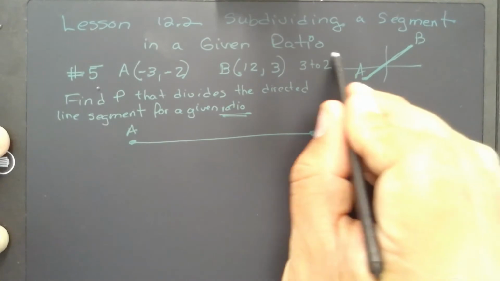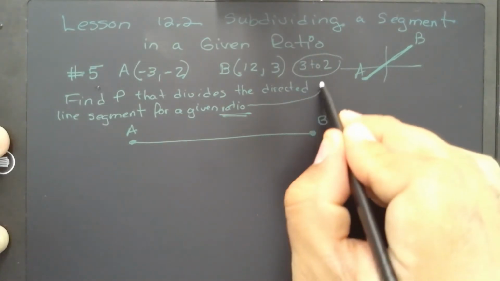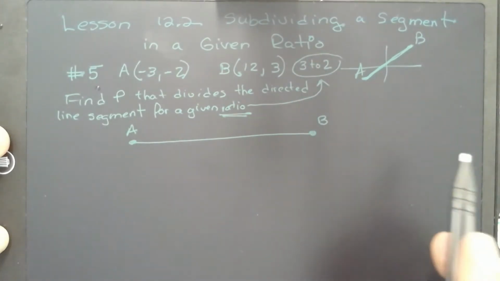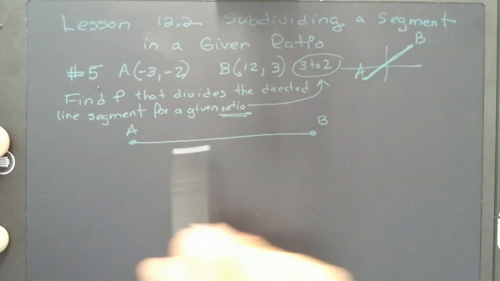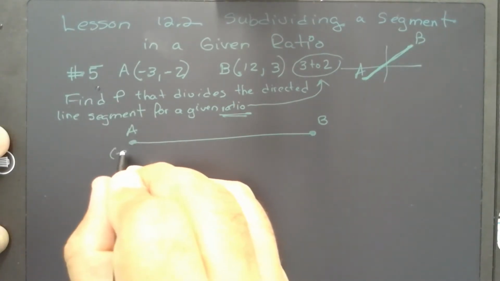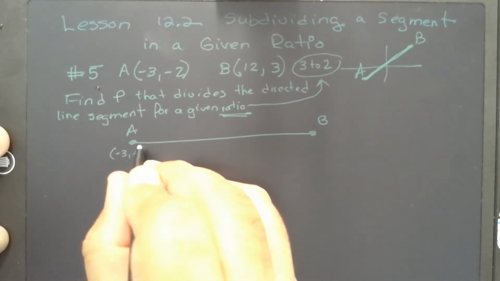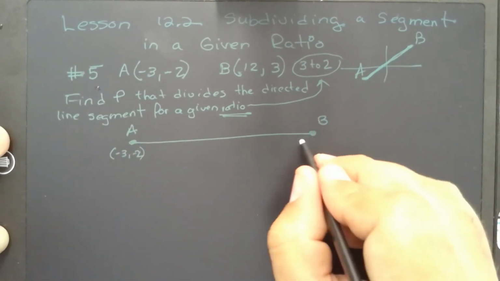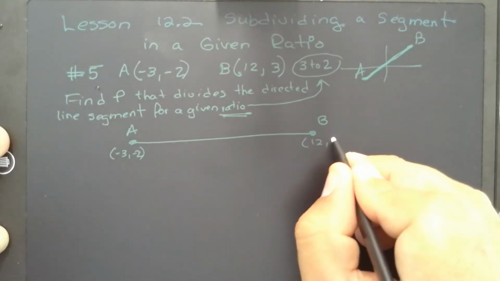The given ratio is this one here, guys. That's my given ratio. So this segment, I'm going to have it over here. This is coordinate A, which is -3, -2. And B is 12, 3.